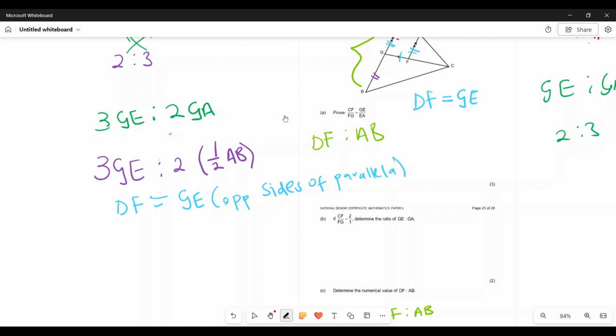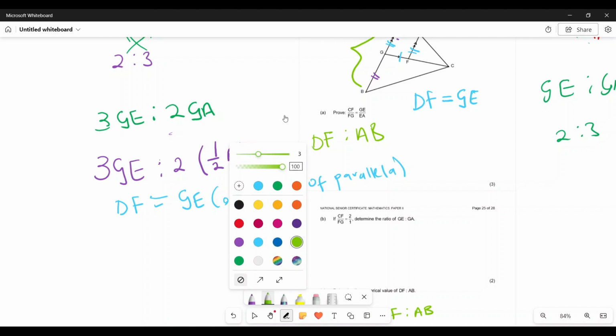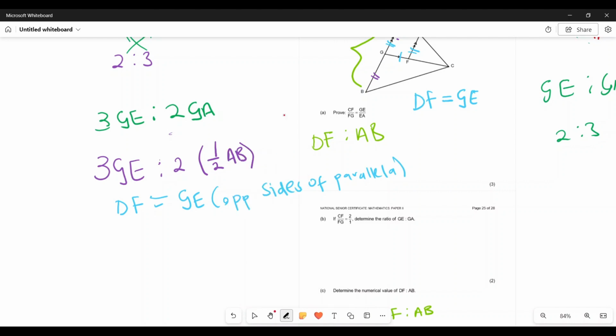Right now I'm trying to determine my AB. So let me just substitute these values here. I can write this as 3 DF is to 2 multiplied by a half AB.